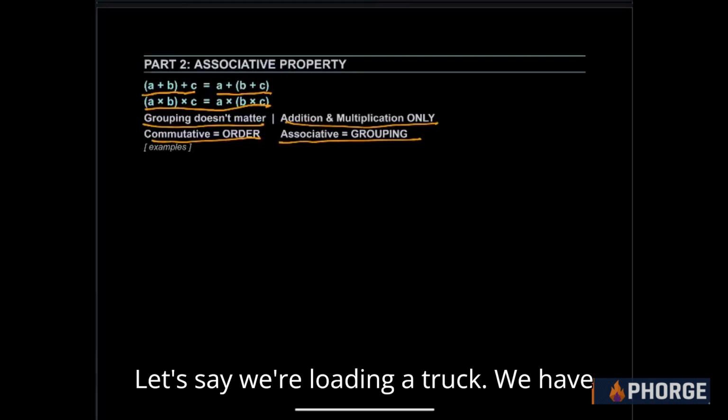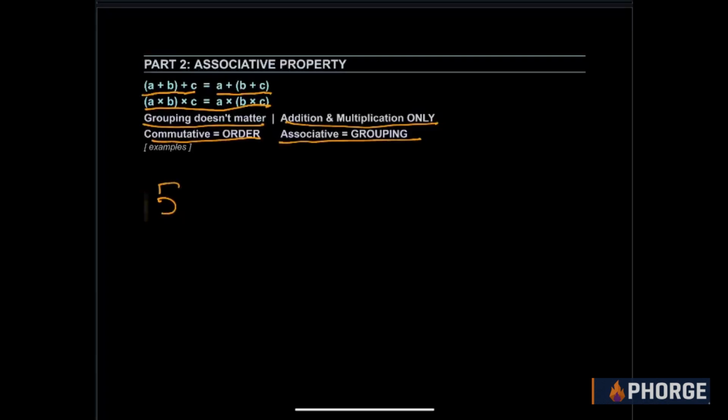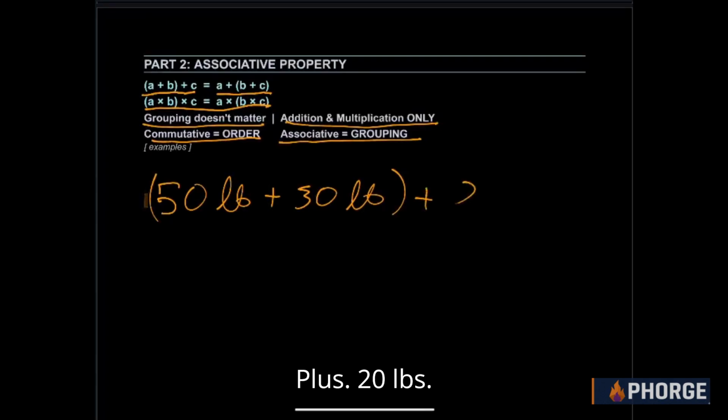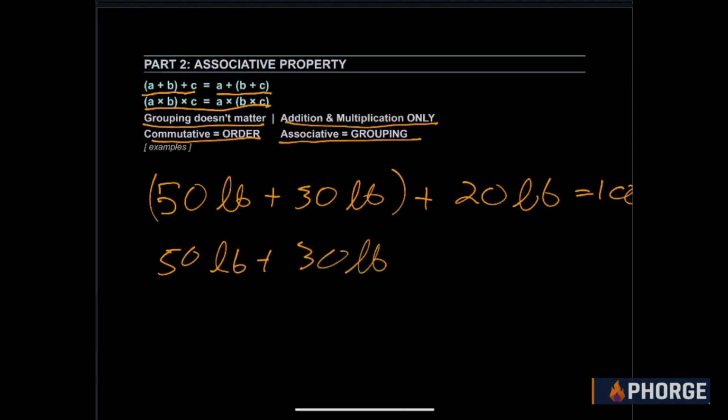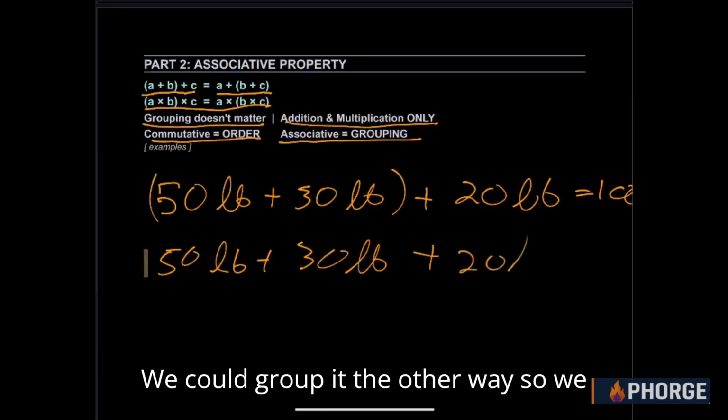So let's say we're loading a truck. We have 50 pounds plus 30 pounds plus 20 pounds. So this is equal to 100 pounds. But also, we could group it the other way.